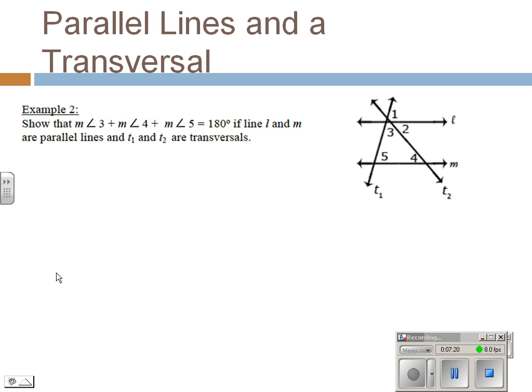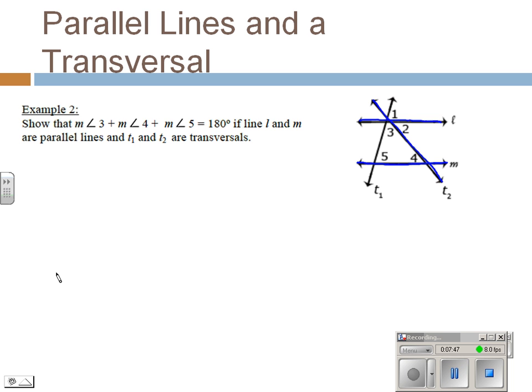So let me highlight in blue. Let's look at this transversal T2 and these parallel lines, and see what we can notice. So we need to prove that 3, 4, and 5 add up to 180.